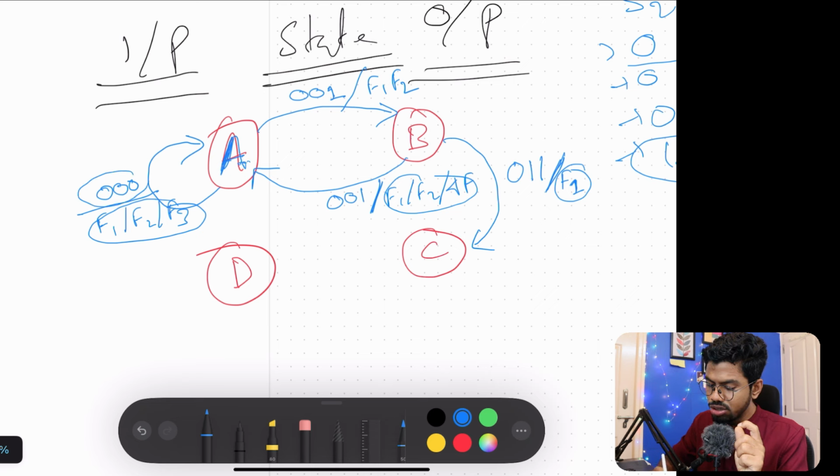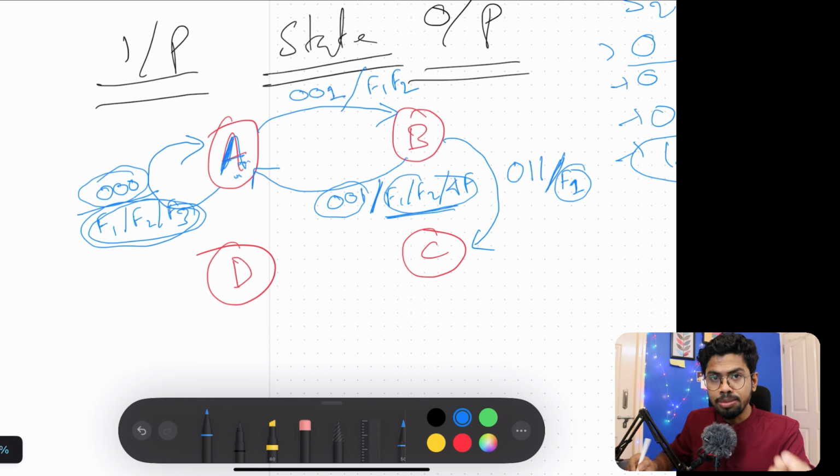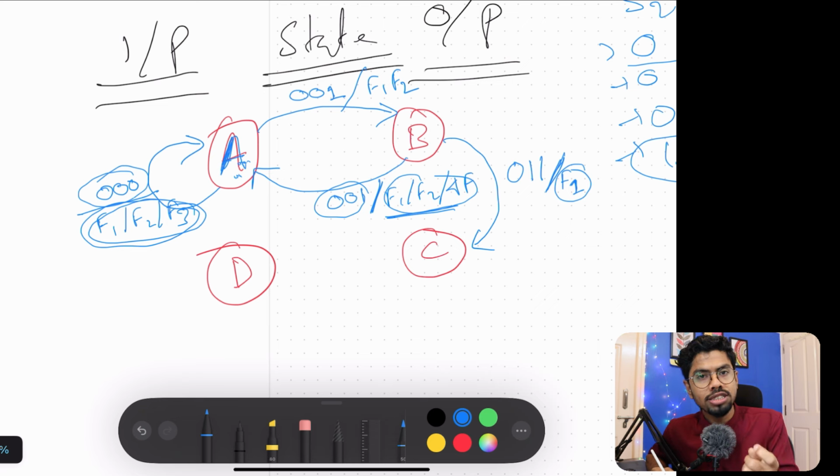If I get 0 0 0, then this is my output, and I'll again get back to state A, but if my input was 0 0 1, then my output would be different. That means the output is influenced by both the state and the input, and what type of state machine is that? That is nothing but your Mealy state machine. So this is a Mealy state machine.